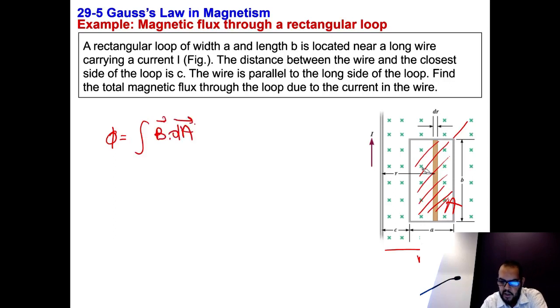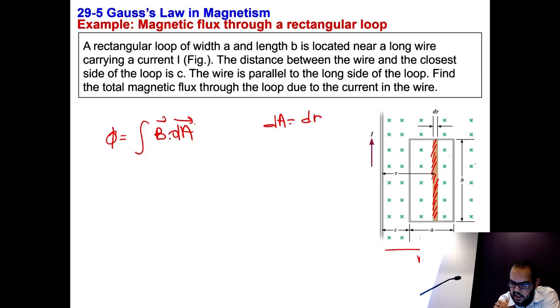We take a small element of area dA. dA is equal to the length of this, which is dr, times the height, which is B. This is the area of this element.